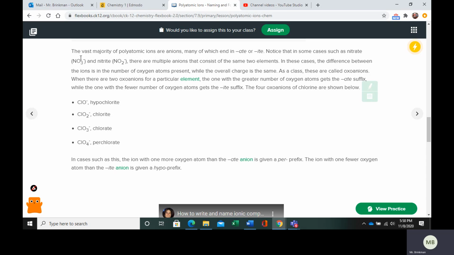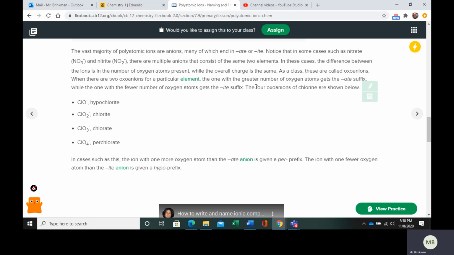So this one has 3 oxygens. It is going to be nitrate. The one with fewer oxygens is going to get the ite suffix. So this one only has 2 oxygens, so it is going to be nitrite.